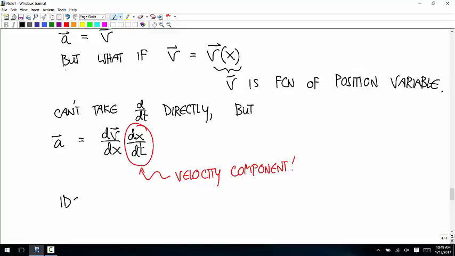This idea also works with rotations, with angular quantities.